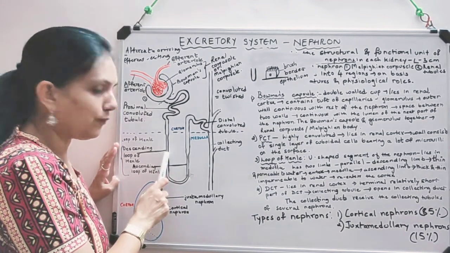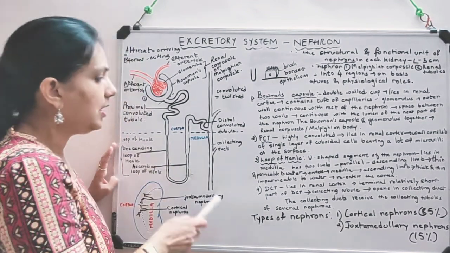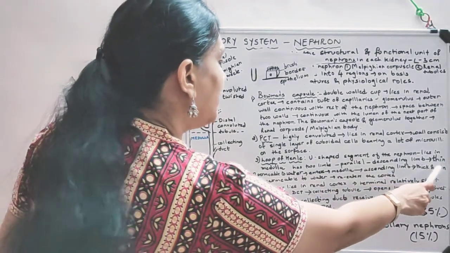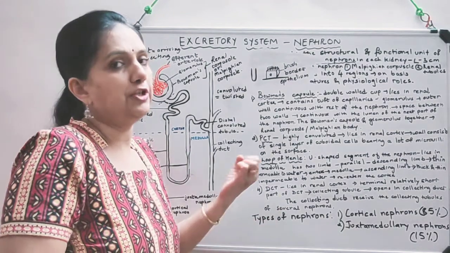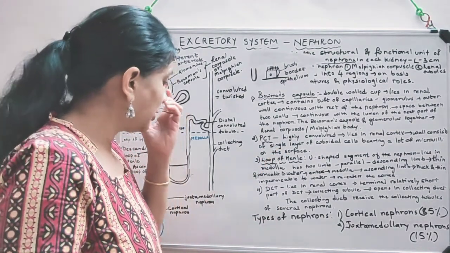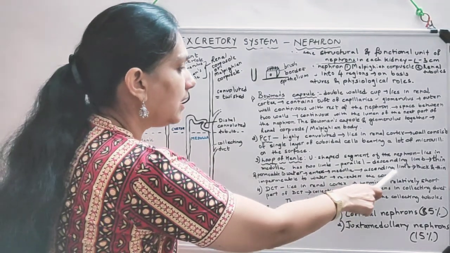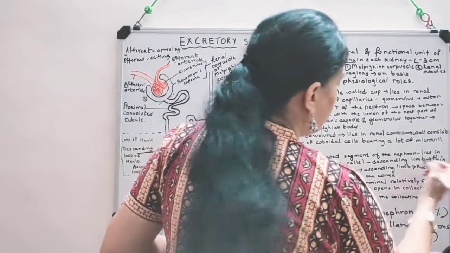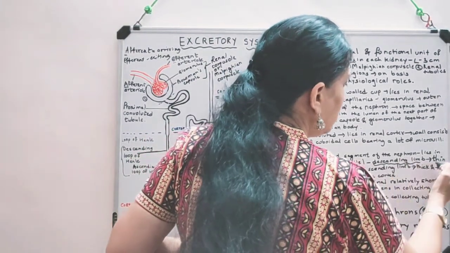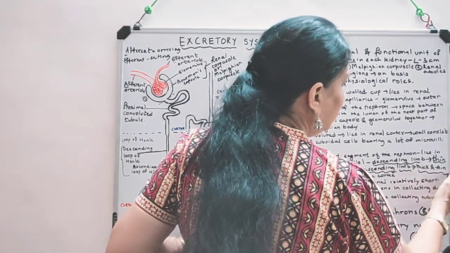And here I would like to mention the descending limb is, you can see I have written over here, it is thin and it is permeable to water. It allows water to move. And this ascending limb is thick and thin. You have to remember, descending limb is thin and ascending limb is thick and thin.